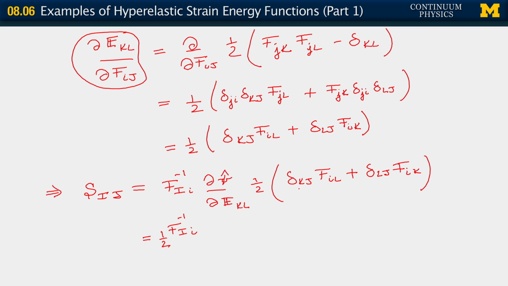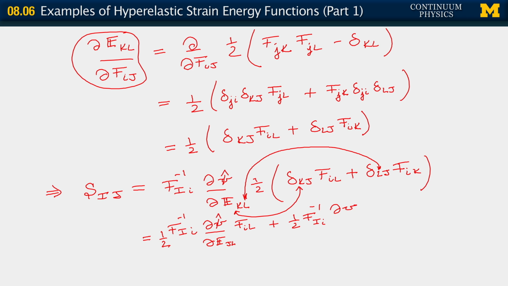Okay, in the first case, the delta kj does its job and it acts upon that component, that index, and converts the derivative here to partial of psi hat with respect to E JL. Okay, and we have F i L.